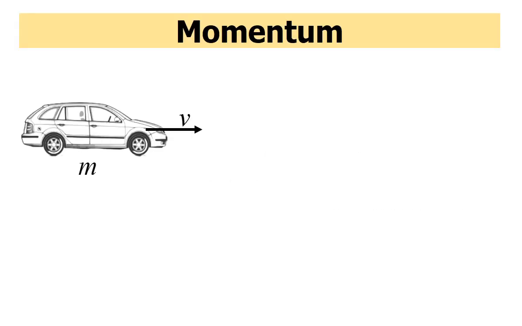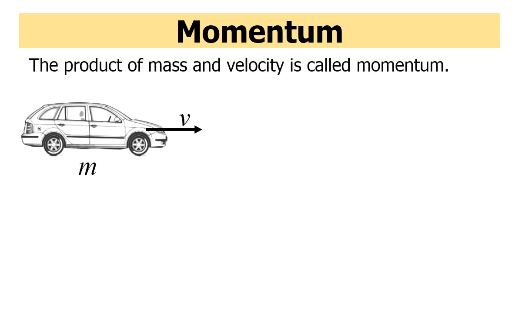So our first topic is momentum. Momentum means the product of mass and velocity. Here you are seeing a car whose velocity is v and mass is m.